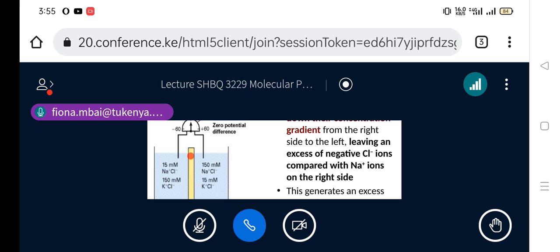This will generate positive sodium ions compared with chloride ions on the left side over here. So I will let you copy this experimental example because we are going to take it to completion to see how these charges align on the membrane here. Okay, so I'll let you copy this as we go along.